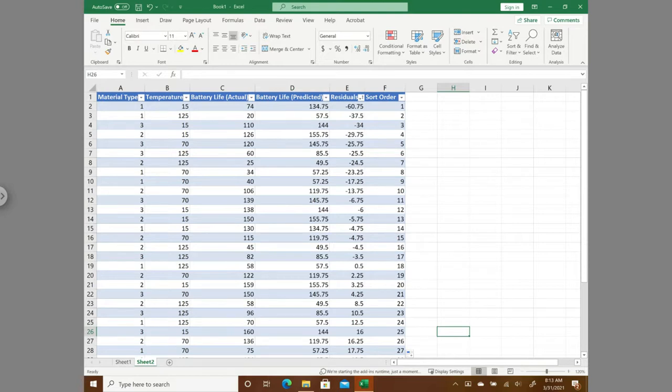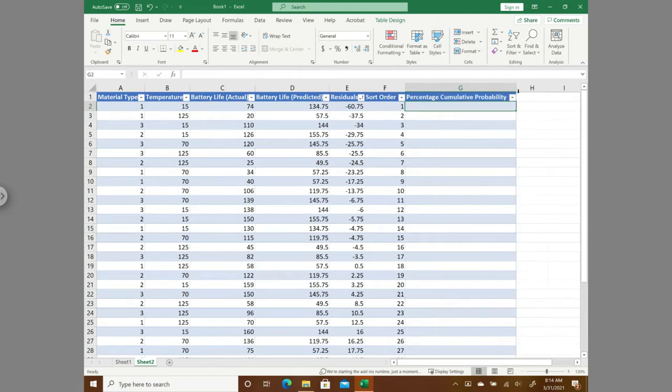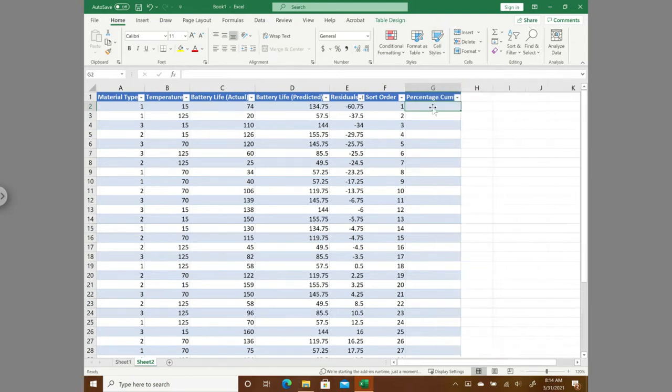Next, you want to calculate cumulative probability. We will calculate cumulative probability in percentage terms. So percentage cumulative probability. The formula for that is equal, parenthesis, sort order.